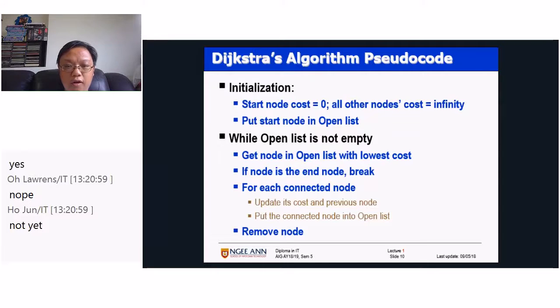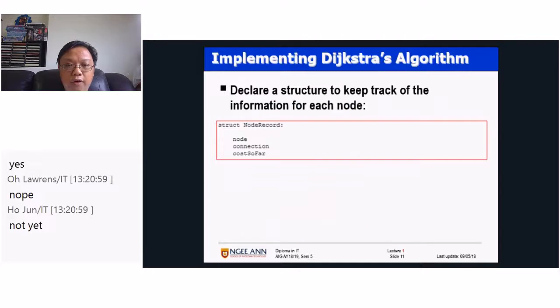Let's go on. Very quickly, in terms of implementation, we will declare a structure called the node record. The node record is equivalent to when we say A, 10. The node record is for a particular node.